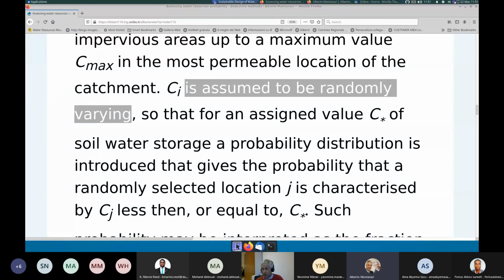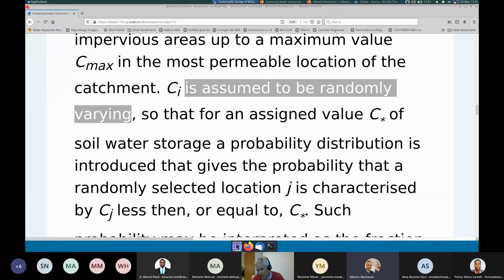Okay? So we don't care where the impervious areas are, but we want to know that in the catchment I have 10% of the area, 10% is frequency and therefore probability. In a catchment, I want to know that I have 10% of the area which is impervious. Okay? And then I want to know that I have another 10%, say, with soil water storage from 0 to 10 millimeters, because we can express water storage as a depth.